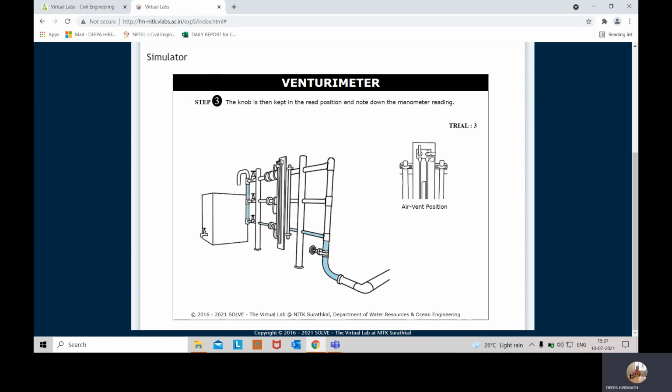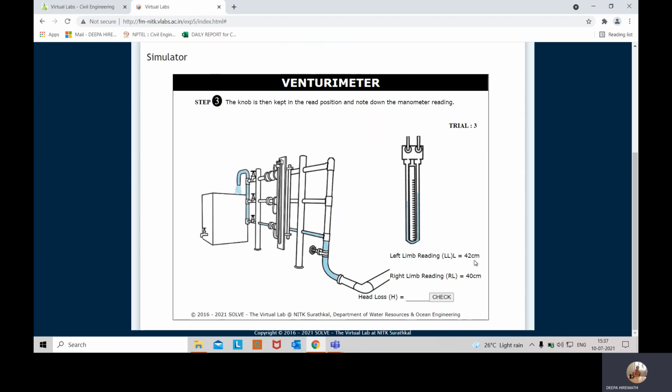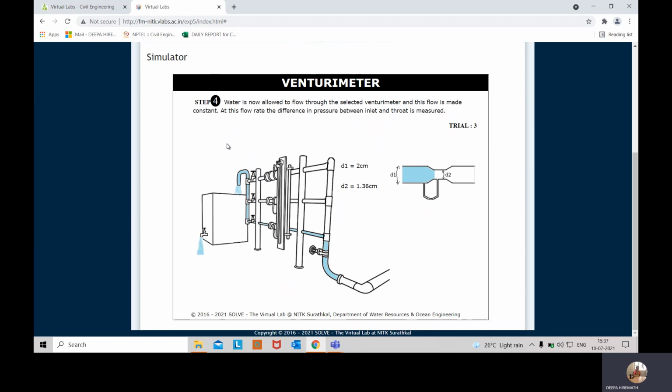Then I'm going to read the manometer. The reading was found to be 42 minus 40, which is 2 centimeters. 2 into 12.6 is 25.2, which is correct, and we are allowing the water to flow in the venturimeter.